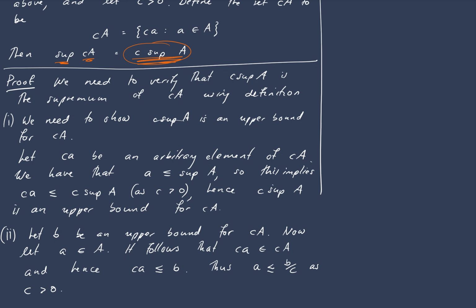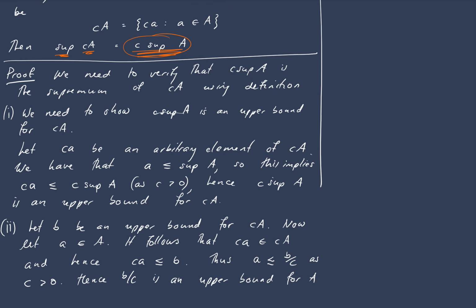Okay, so I just divided both sides through by c. I'm allowed to do this because c is a positive number, and that's how my inequality is going to work out. And this implies that this number B over c is an upper bound for A. Because remember, little a is an arbitrarily chosen element of big A, and it's less than or equal to this element here, no matter what my choice of a was, and so I have an upper bound.